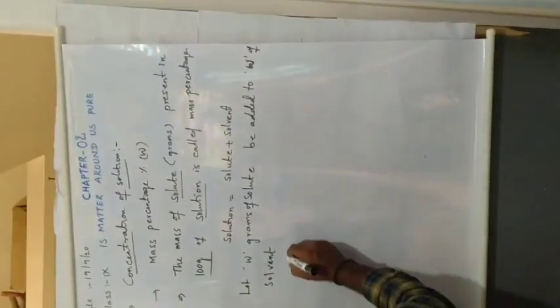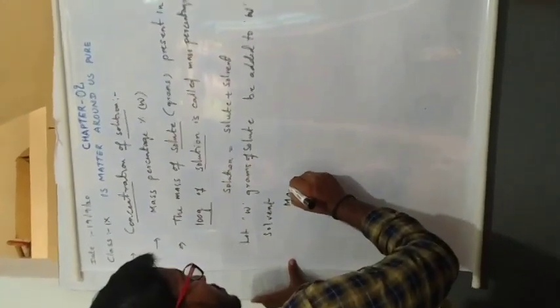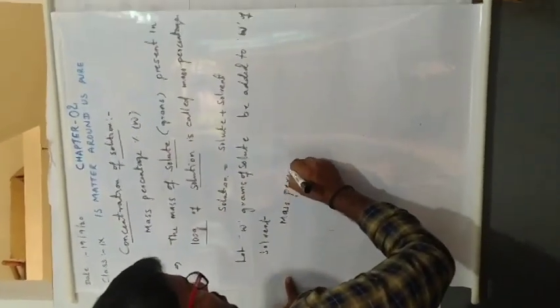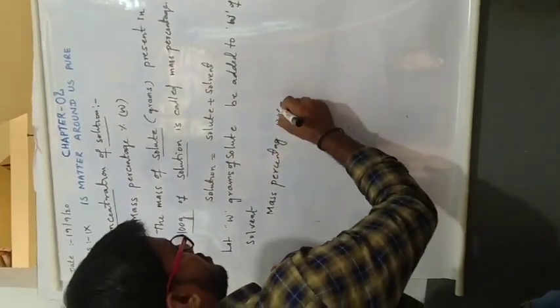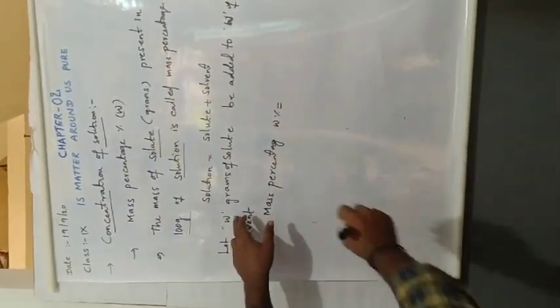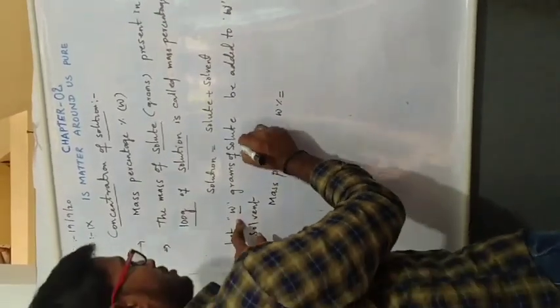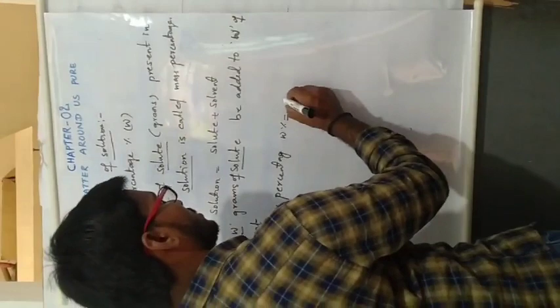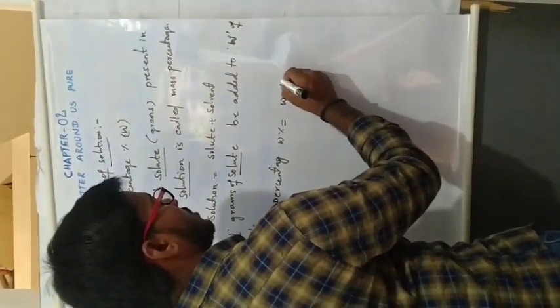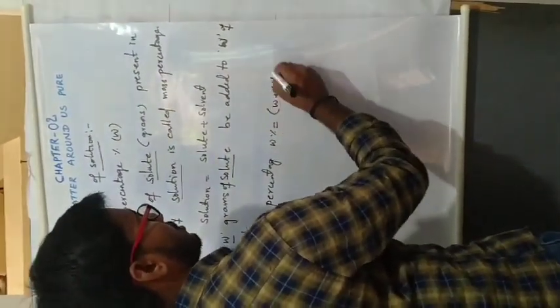So the formula: mass percentage equals w grams of solute, over w grams of solute plus W grams of solvent. That means small w plus capital W.